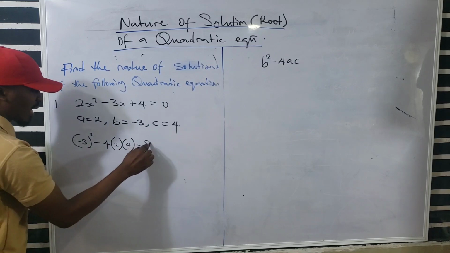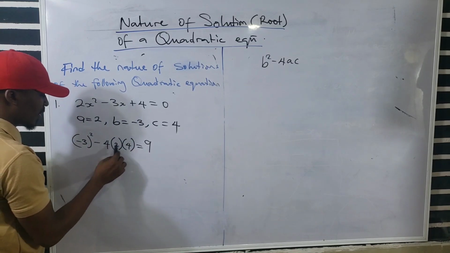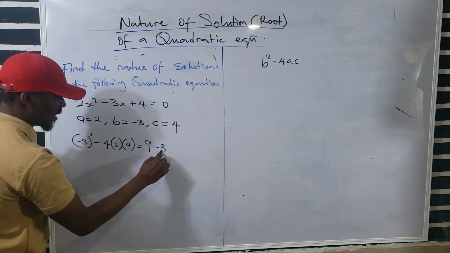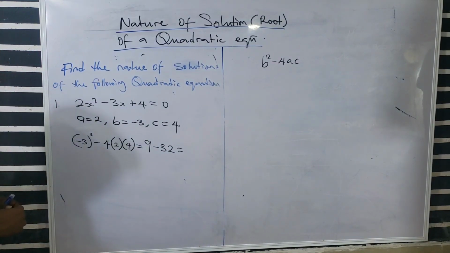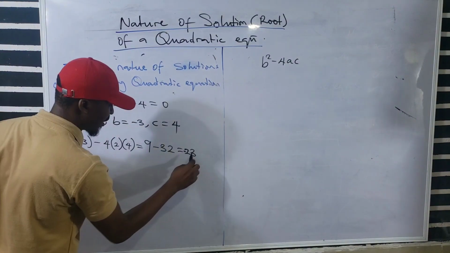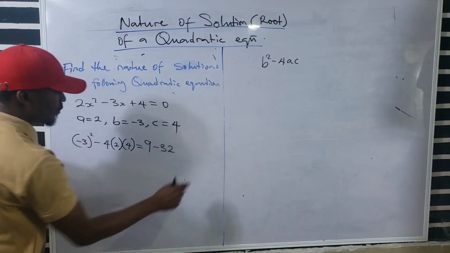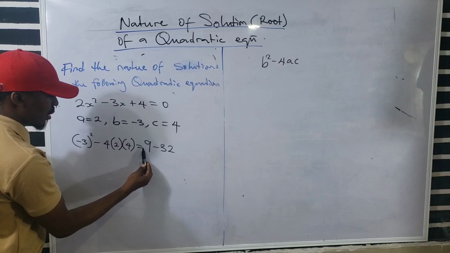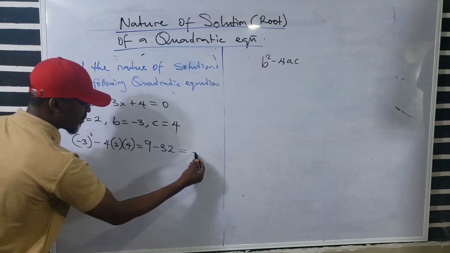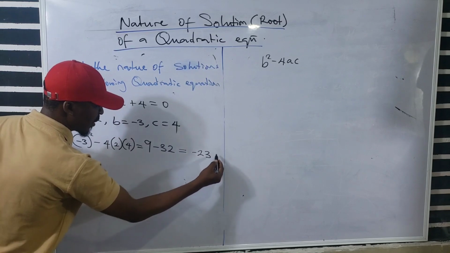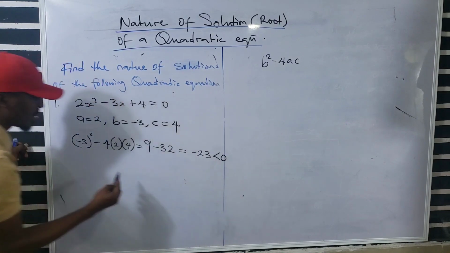This will give us 9 minus 32, which is minus 23, which is less than 0.